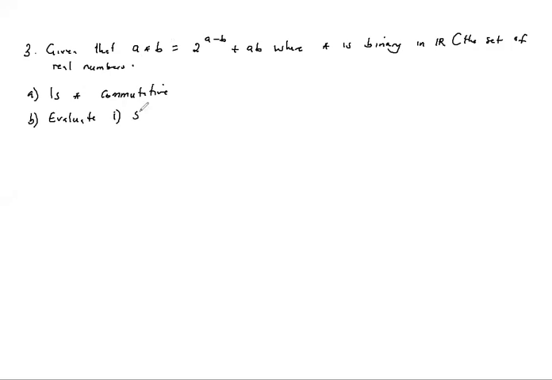So let's do it with 5 star 3 and 3 star 5, and 5 star 2 star 4 and 5 star 2 star 4, and then C, is this associative.